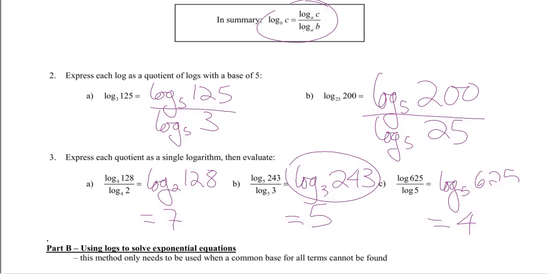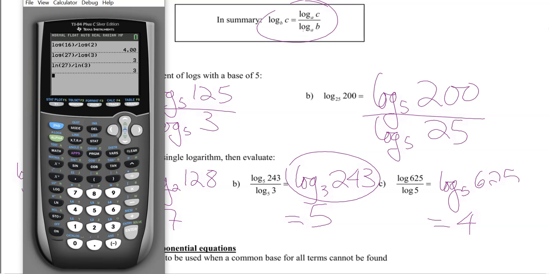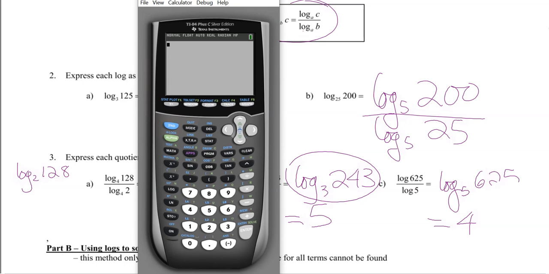So another way. Let's say I did want to work out log base 2 of 128 on the calculator. There's a couple of different ways. One way to do log base 2 of 128 would be to change it to a base 10 log, 128 over log 2.